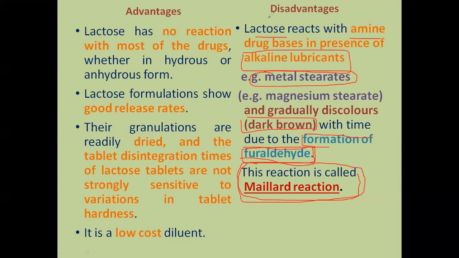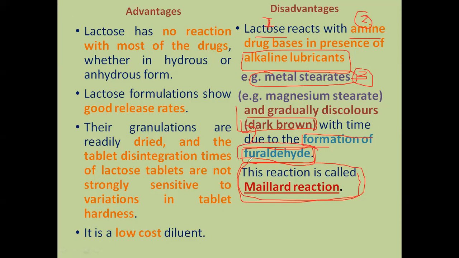So we have lactose reacting with the amine bases of the drug in presence of metal stearate. Okay, this is your product, a dark brown product you are getting, that is discoloration. And this dark brown color is due to what?